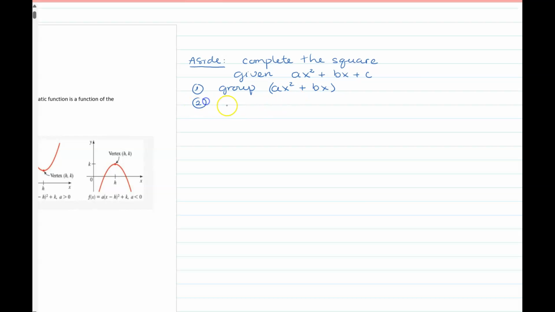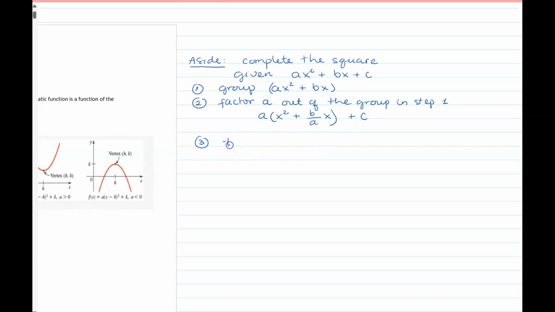The next step is to factor out a out of the group in step 1. And so what we get is a times x squared plus b over a x plus c.